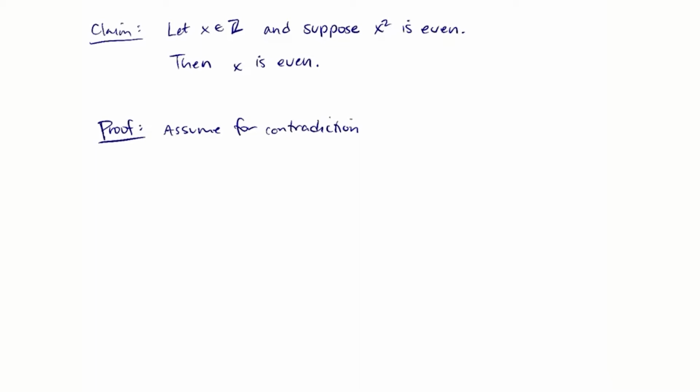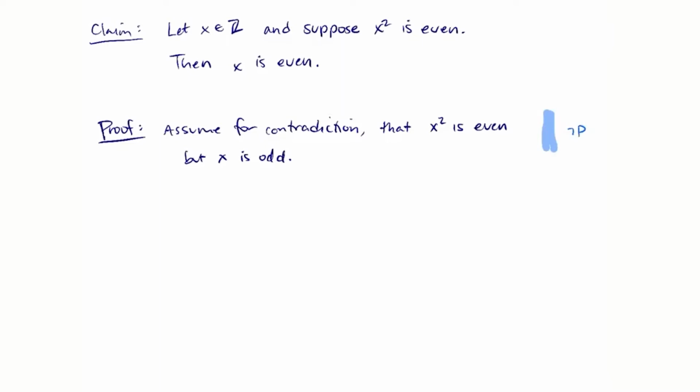Here, assume for contradiction that x squared is even, but x is odd. This here is not P.